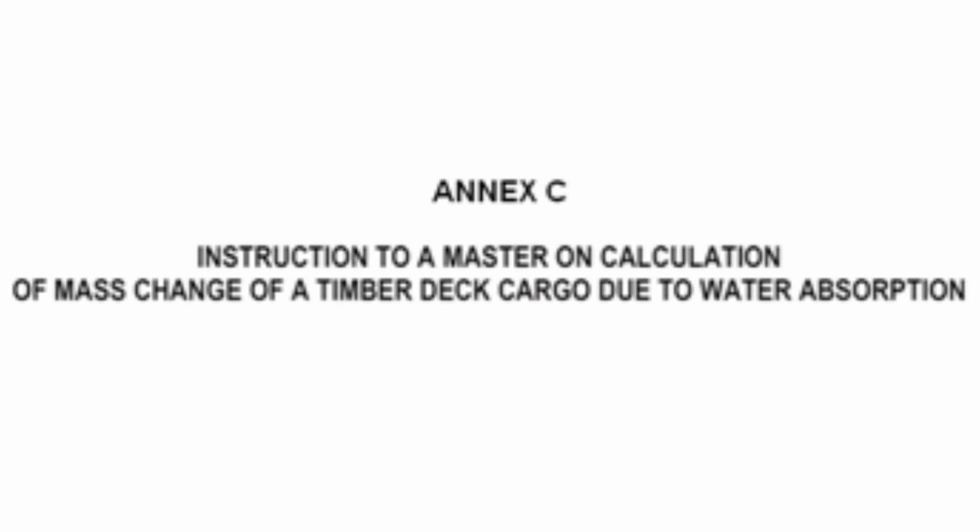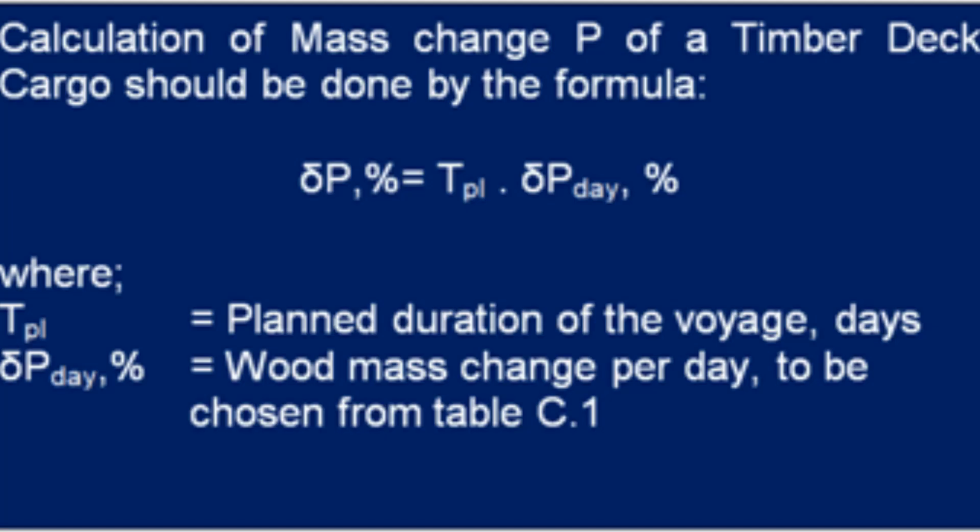Now, apart from this, what might also happen on a timber vessel, suppose there is a dried up timber loaded on deck, the weight of the timber would also increase. The weight of timber would increase depending on the kind of timber that is loaded on deck. Now, there is a table that is provided. That table provides for different kinds of timber what is the percentage weight that would increase per day.